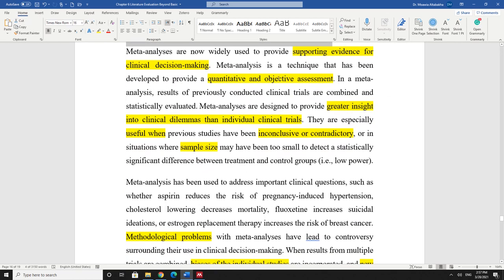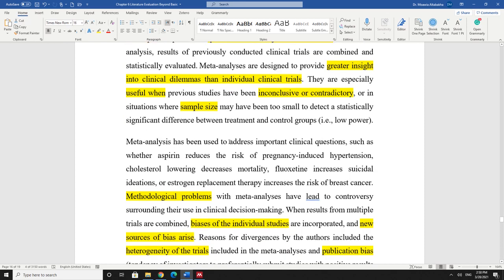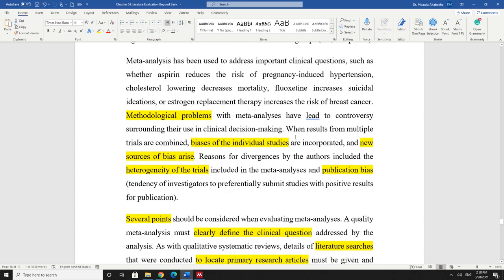It provides a quantitative and objective assessment, and gives greater insight into clinical trials, because now you are putting more than one clinical trial together. Especially when different clinical trials are inconclusive. They are not very clear to say yes or no, or they may be contradictory, or maybe the sample size is small. I already talked about all these things.